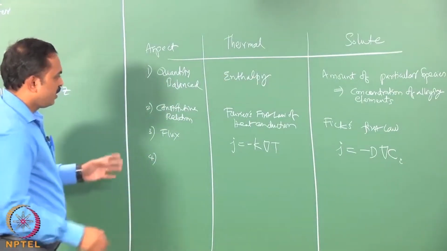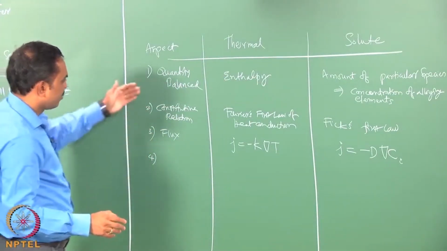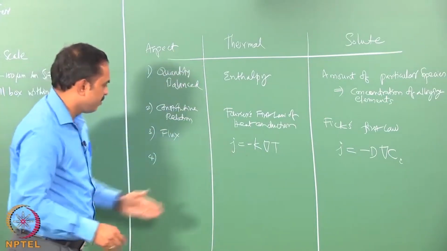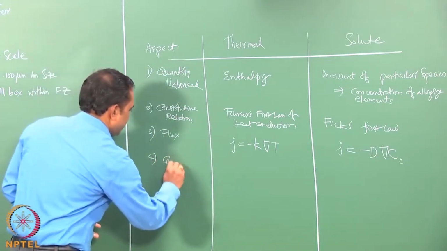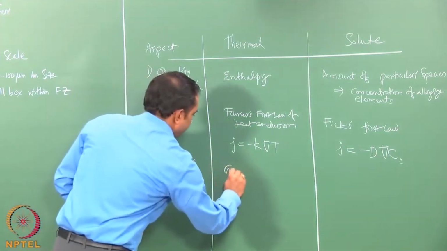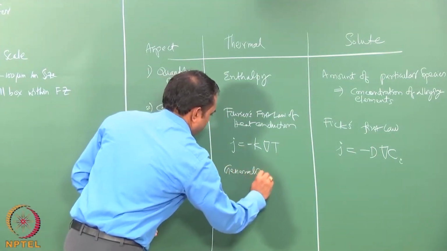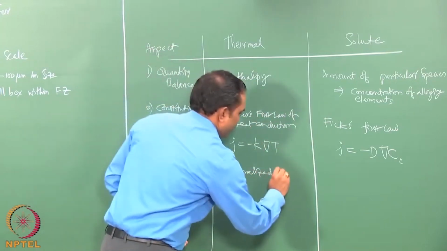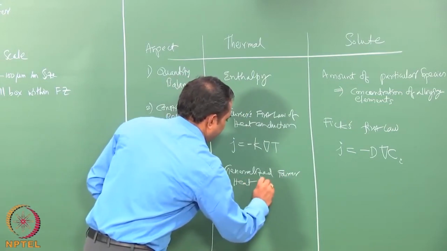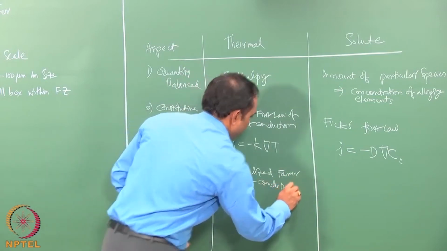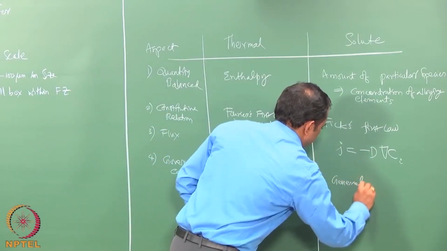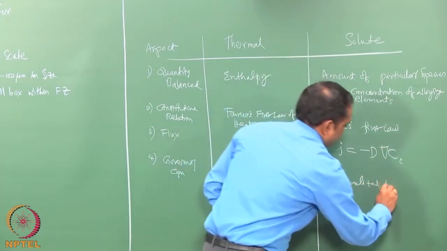And what would be the further steps? We would see that you could write the final equation, which is basically generalized. So, the governing equation is nothing but a generalized Fourier heat conduction equation, and in this case it will be a generalized Fick's law.